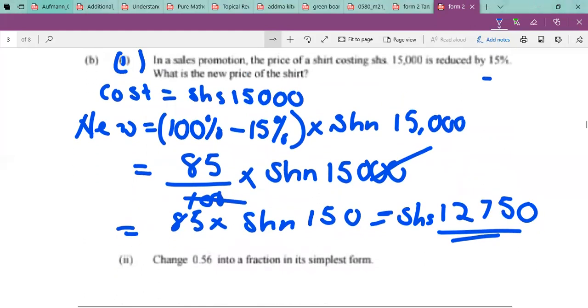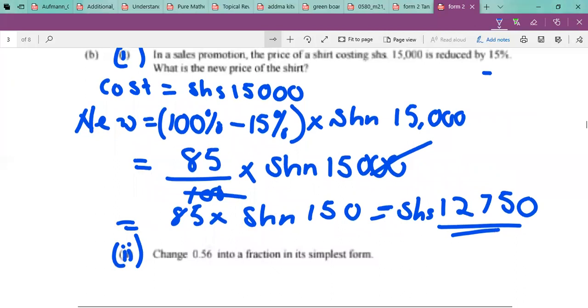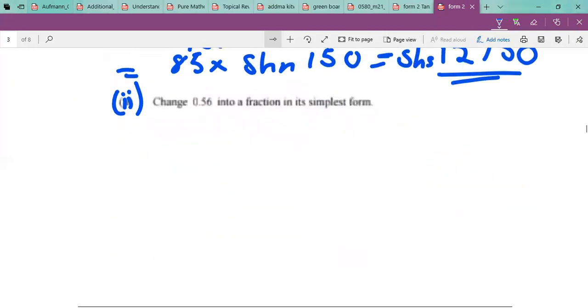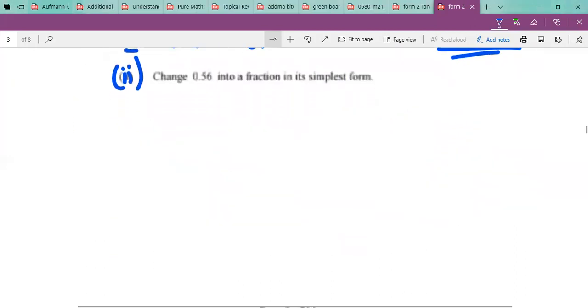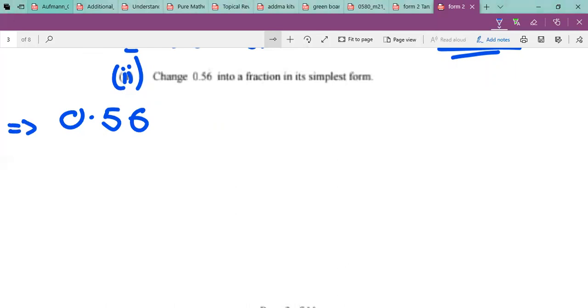So there is Roman numeral 2. Change 0.56 into a fraction in its simplest form. To do that, you introduce a dummy one, which has no effect.